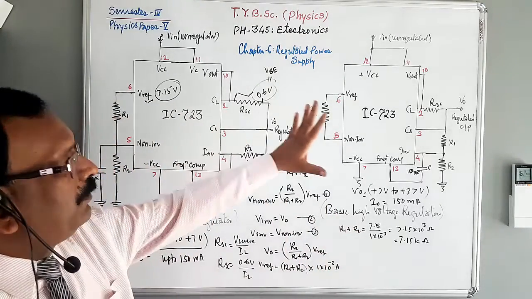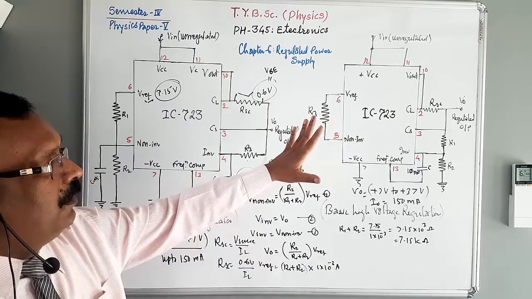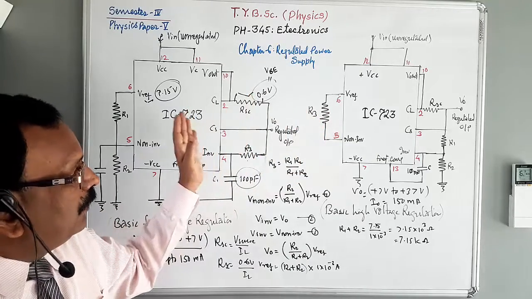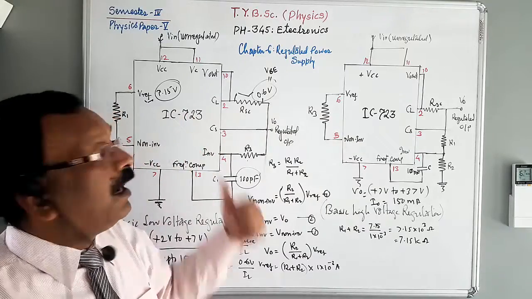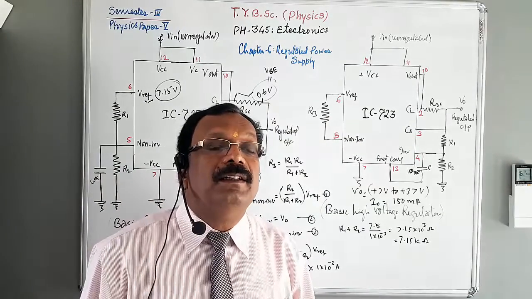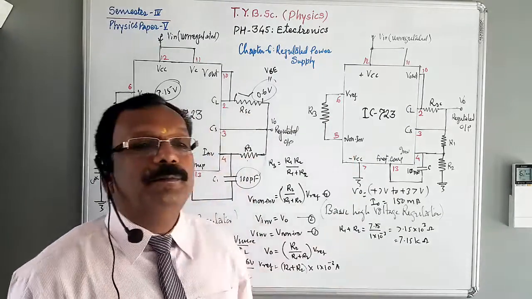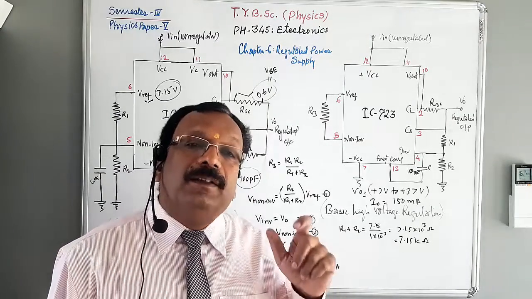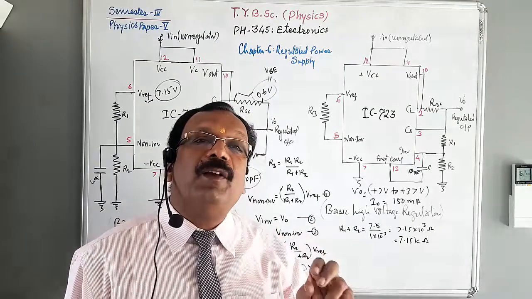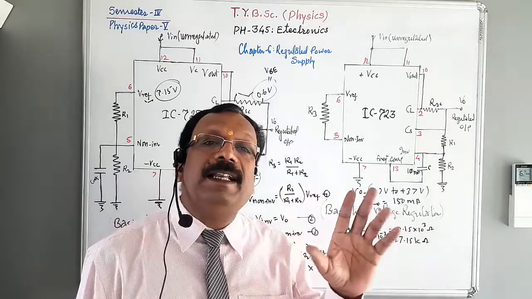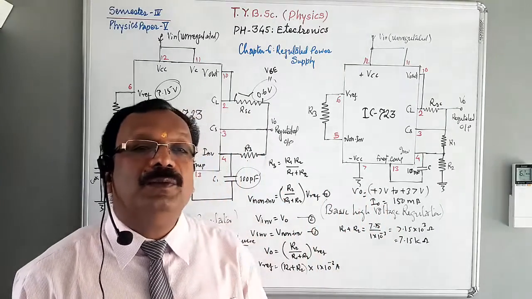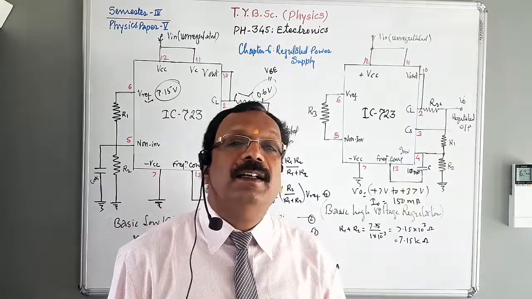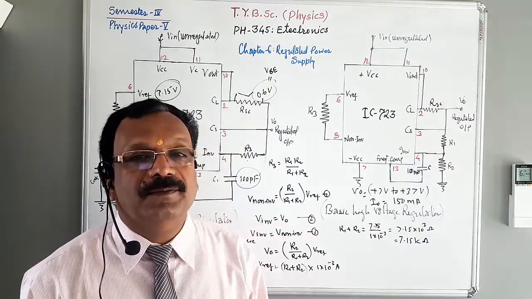Again the same thing happens here and here: when we design either the basic low voltage regulator or the basic high voltage regulator, in both circuits we have to properly select the values of resistors R1, R2, R3 and the current sensing resistor RSC.